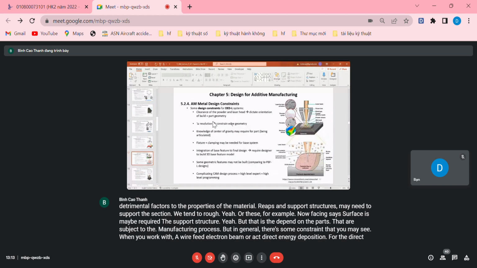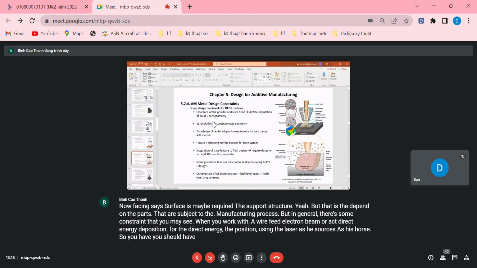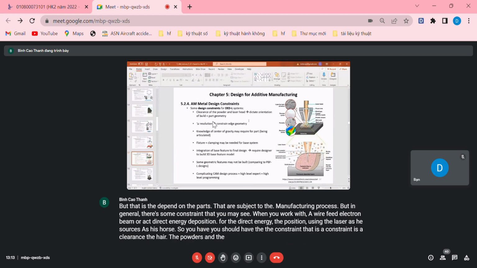For directed energy deposition using a laser as the heat source, you should consider the following constraints. The design constraint is the clearance between the nozzle, the powders, and the laser head, which will affect the orientation of the view and path geometry.